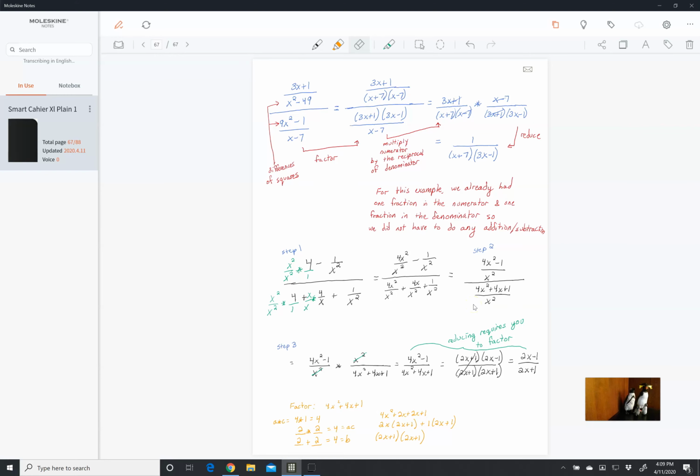So that's one way to combine everything that we've learned up to this point in rational expressions. The other way is to actually start solving equations. So let's do that.